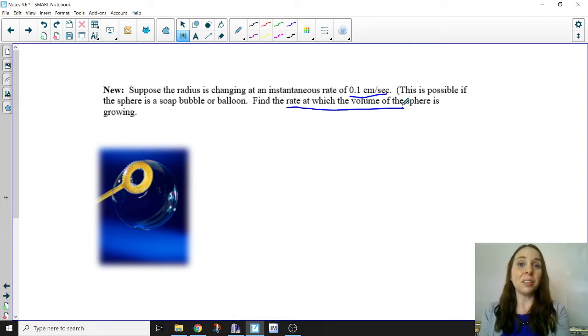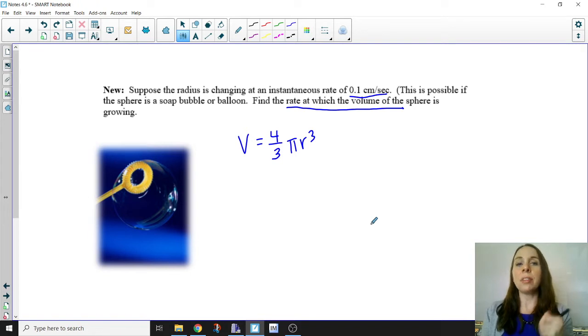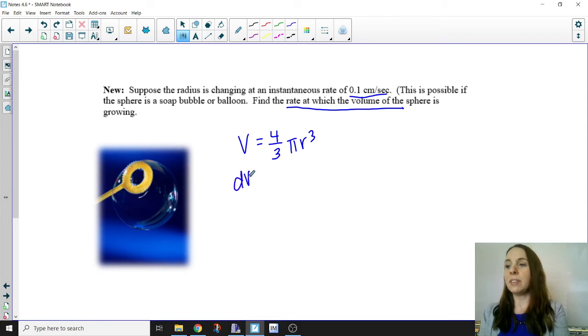What we're going to do is take the derivative again of V equals 4/3 pi r cubed, our volume formula. But this time, we are going to take the derivative with respect to time. So you're going to see this look almost exactly like what we just did in the differential problem, but everything is now with respect to time. The derivative of V with respect to time is dV over dt.